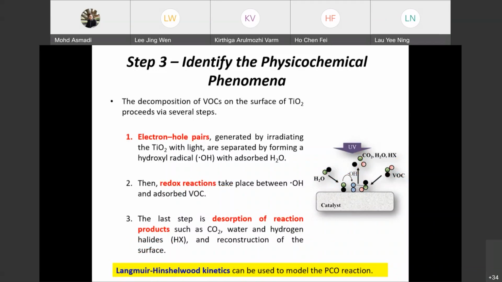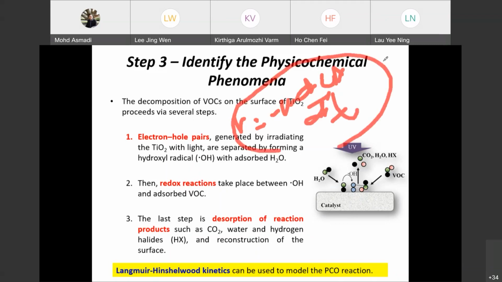So how do we use this? If you still remember, the rate of reaction is given by the equation r equals negative k dCA over dt. This is the rate of reaction.